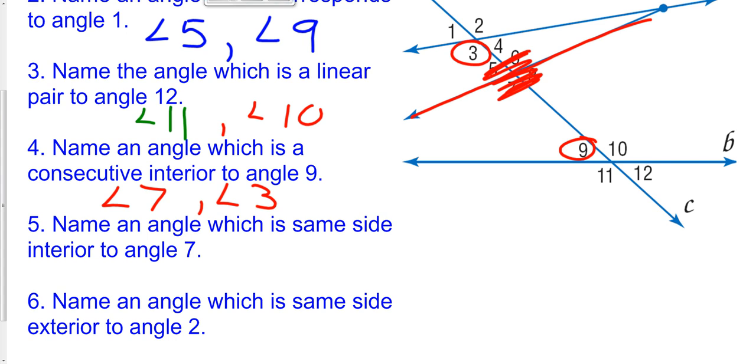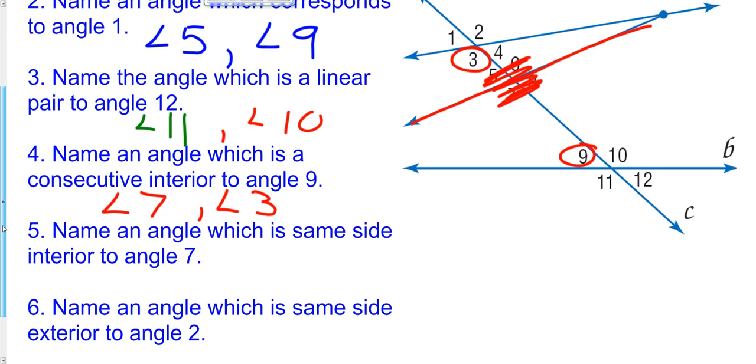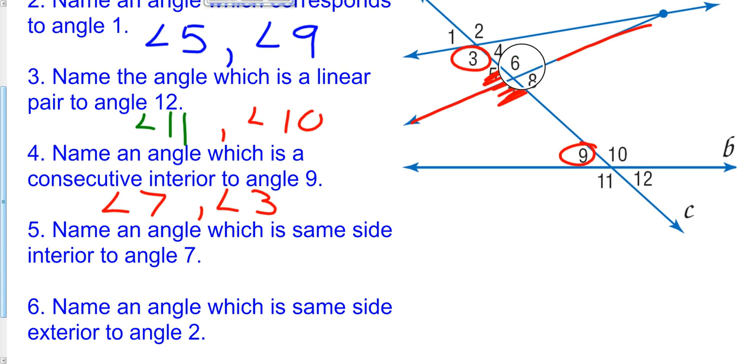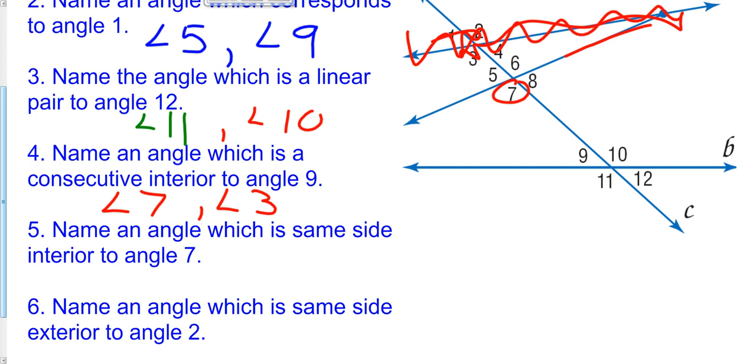On number 5, name an angle which is the same side interior to angle 7. Same side interior to angle 7. So here is angle 7. So if we take this line out for a second, don't worry about those 4 angles. Oh, shoot. Wrong one. Sorry about that, everybody. Let's not worry about these angles for a second. So now the same side interior to angle 7 is angle 9.